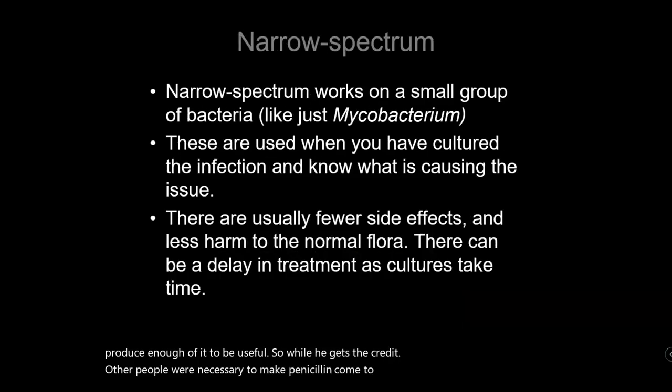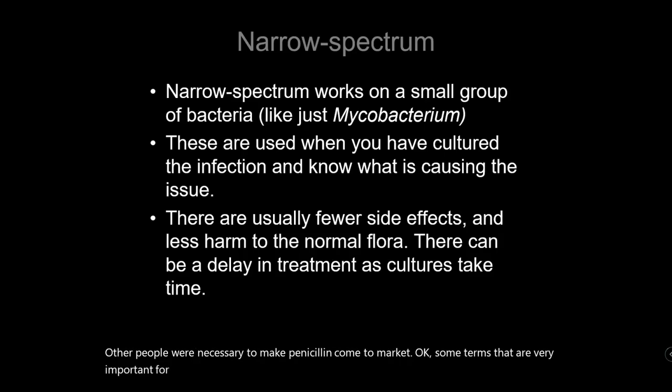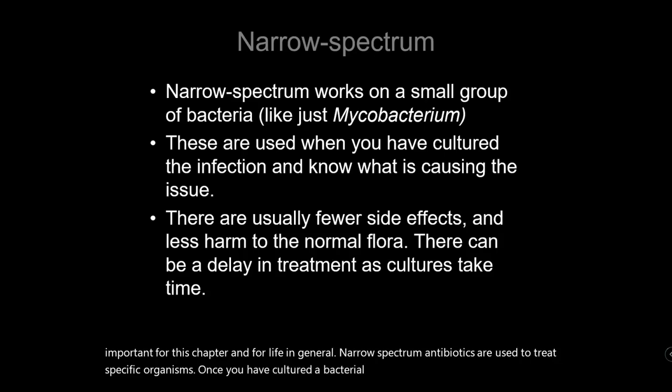Okay, some terms that are very important for this chapter and for life in general. Narrow spectrum antibiotics are used to treat specific organisms once you have cultured a bacterial infection in a person and you know exactly what's causing the problem.